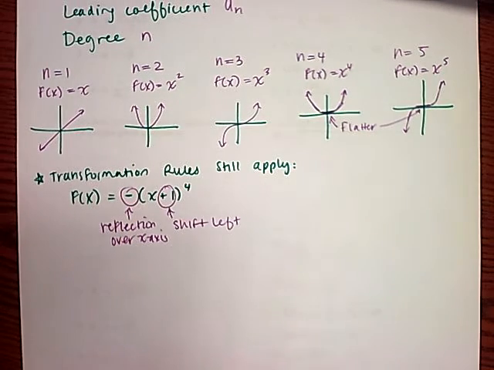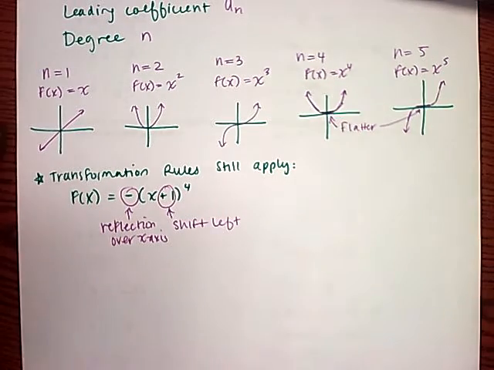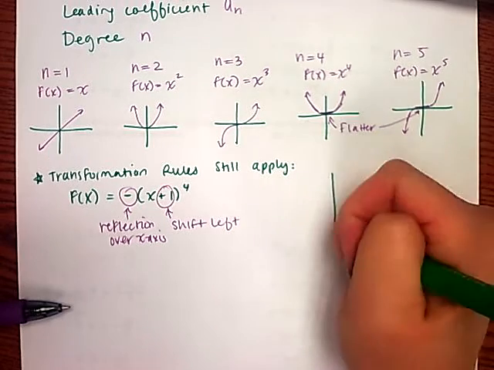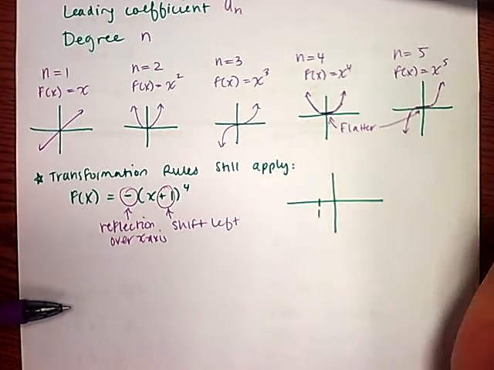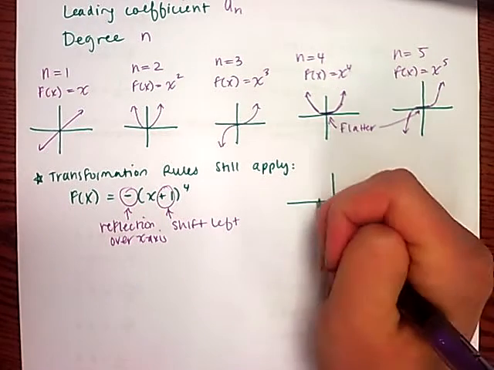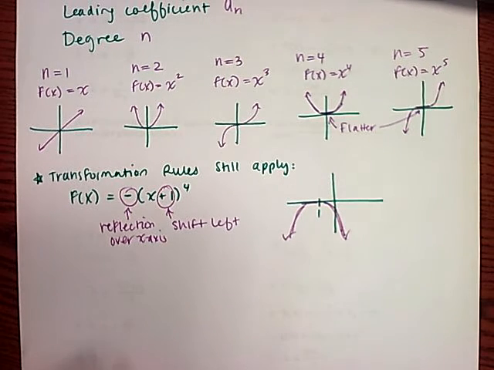So you could imagine taking this version of the graph and doing these different transformations. I need to shift it to the left one, and I need to reflect it, so maybe it looks something like that. So that's one thing to keep in mind.